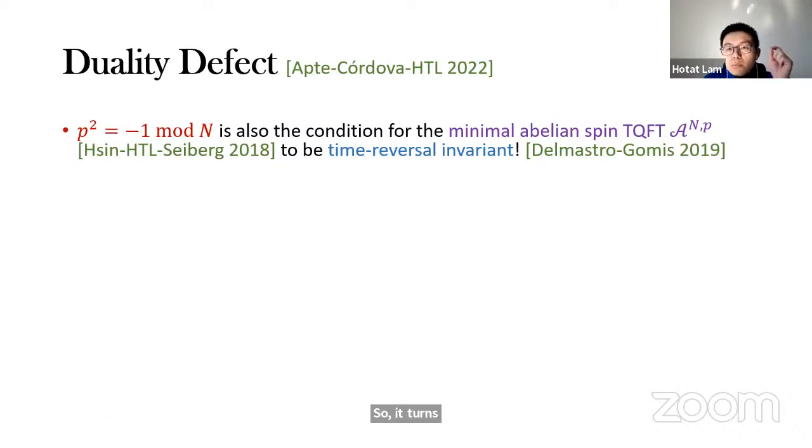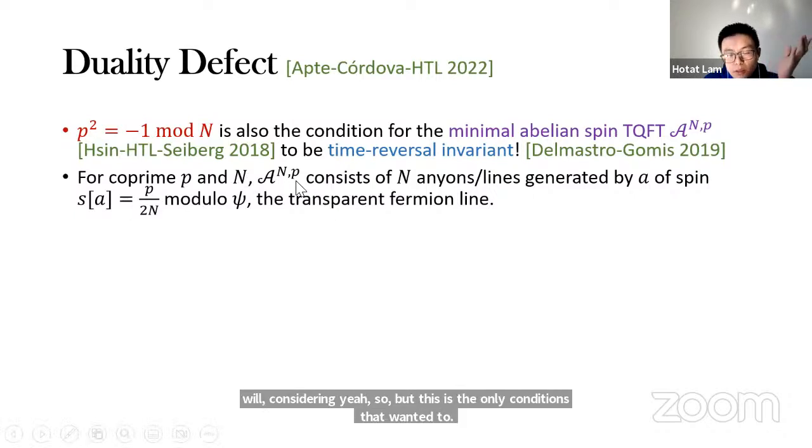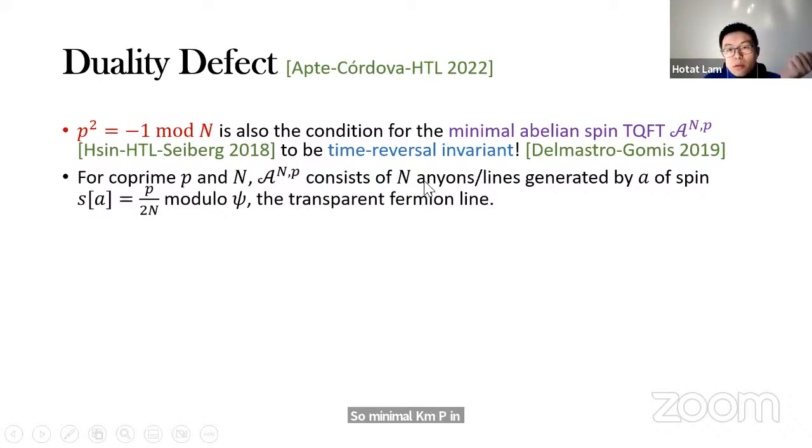Before that, let me define what I mean by minimal abelian TQFT. A minimal abelian TQFT is defined for every coprime P and N. In particular, I will consider a spin TQFT, so this is the only condition that one needs to obey. A minimal abelian spin TQFT, A_{N,P}, in total has N anyon lines, modulo the transparent fermion lines. And these N anyon lines are generated by an anyon of spin P over 2N.